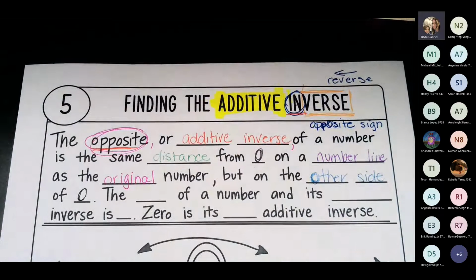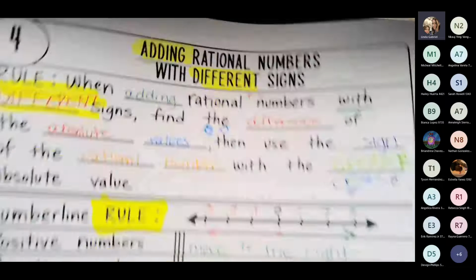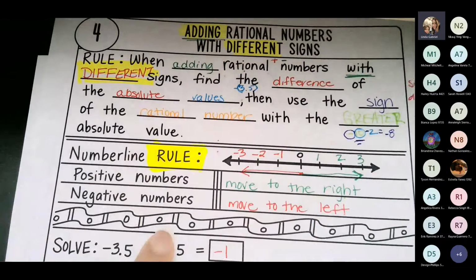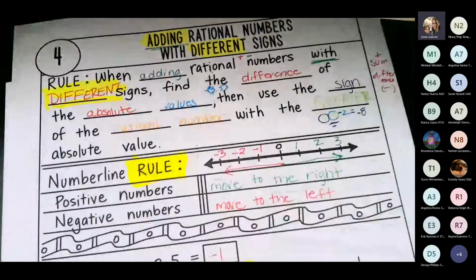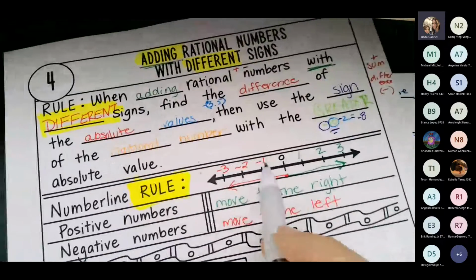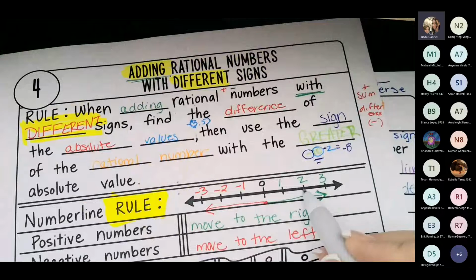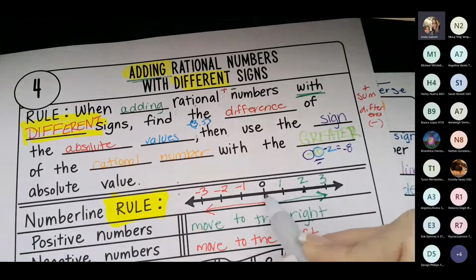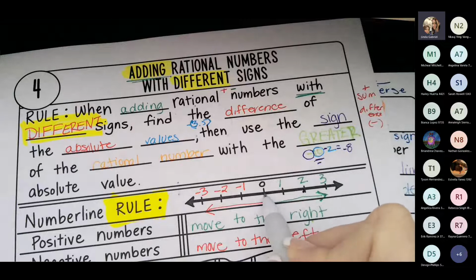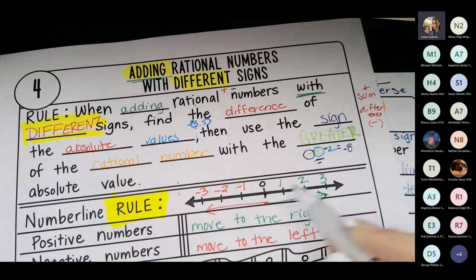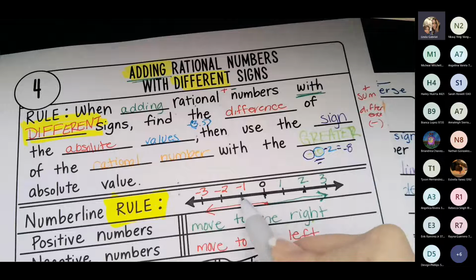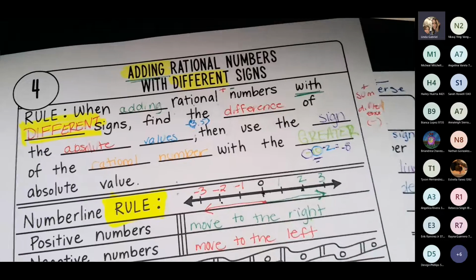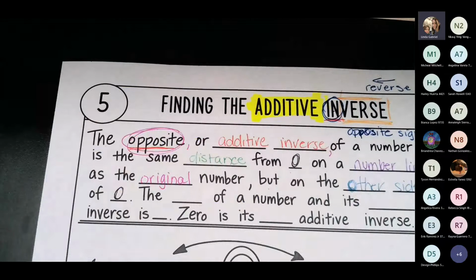And last time we talked about the number line rule, right? If we have positive numbers, we move to the right. If we have negative numbers, we move to the left. So if we have a positive number, let's say we're at 2, that means I'm 1, 2 away from 0. My additive inverse is going to be 2 away from 0, but on the opposite side. So I move to the right, so now I need to move 2 to the left. 1, 2. So you'll always start at 0 to find your additive inverse.